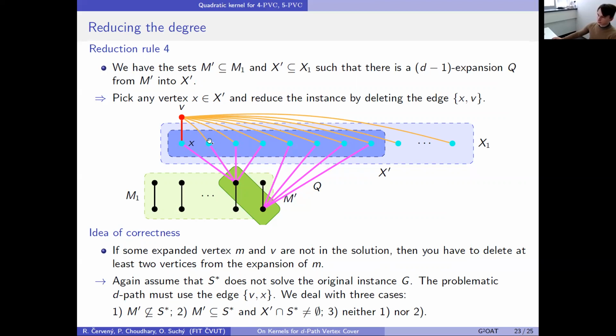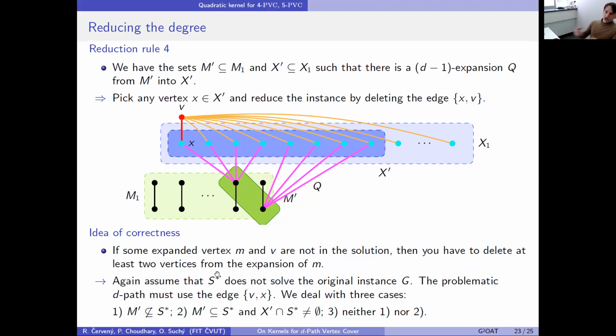Or if we start in this vertex, go to V, then to X, then to the dark green one, and then back, we can find a 5 path. And we can use this fact in order to somehow force the solution to behave as we want it to. There are 3 cases that we need to address. Let's just go over them.